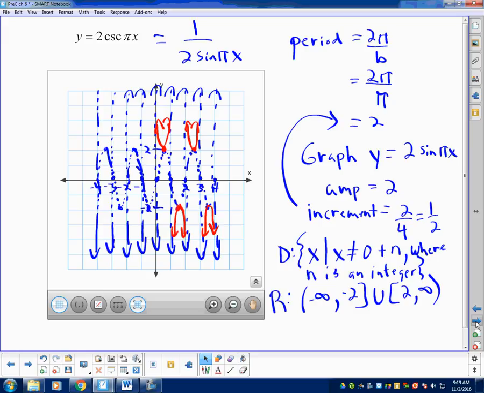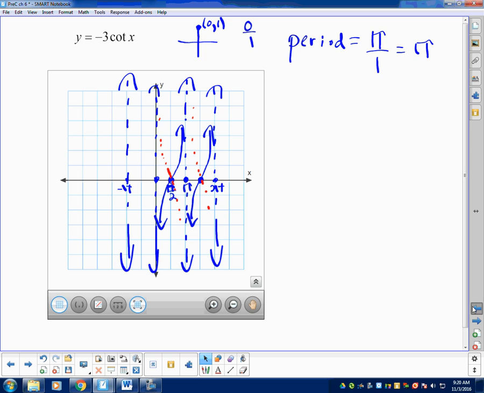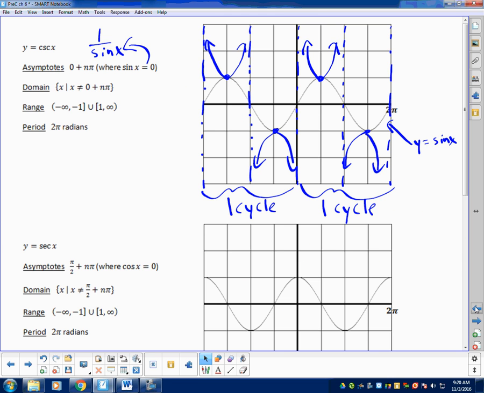I have one more. I think I have 2 of each graph in your homework. That's what this is, so 2 of each graph. Okay, so one more here. Secant graph.